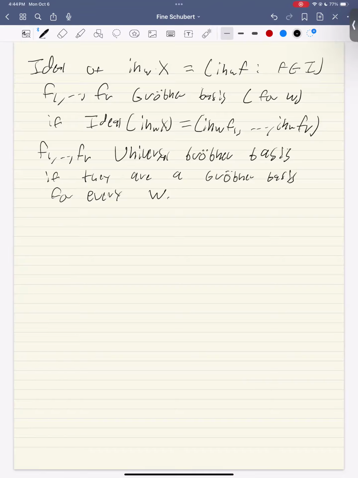if W is not generic, then yeah, as you say, usually the initial ideal will not be monomial. But the definition of Gröbner basis I gave may not be what you would see depending on what book you look in, because maybe they're assuming W is generic or you have a term order.